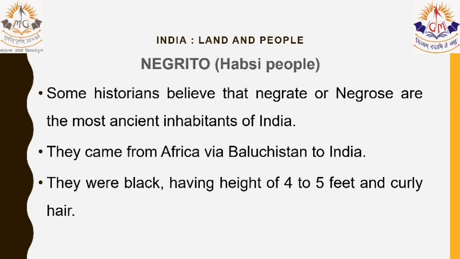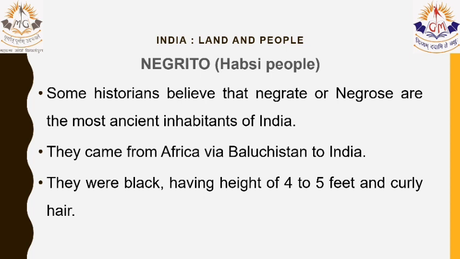So because of the direct sunlight received in this area plus lots of humidity, that is moisture, their skin color was black. They had a height of 4 to 5 feet, and the most striking feature is curly hair. So this is the physical description of the Hapsi people or the Negrito people.